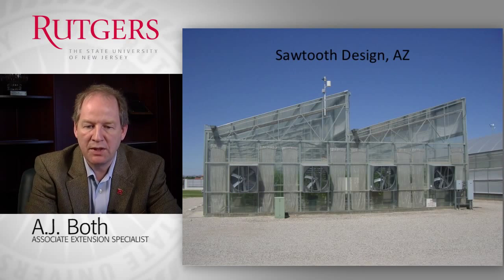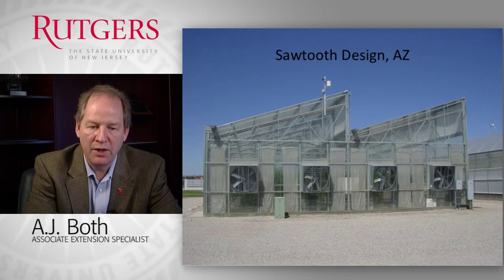In some cases we see very special greenhouse design. Here you see this sawtooth design in Arizona, where we like this particular design for warmer climates where we can use prevailing wind directions to improve the ventilation of these structures.